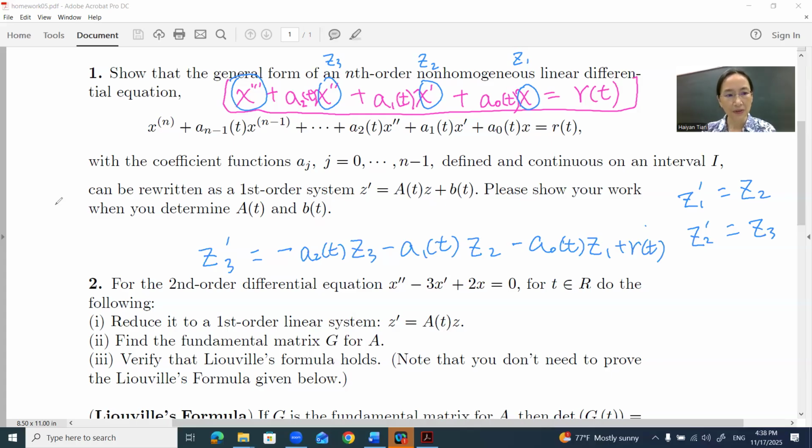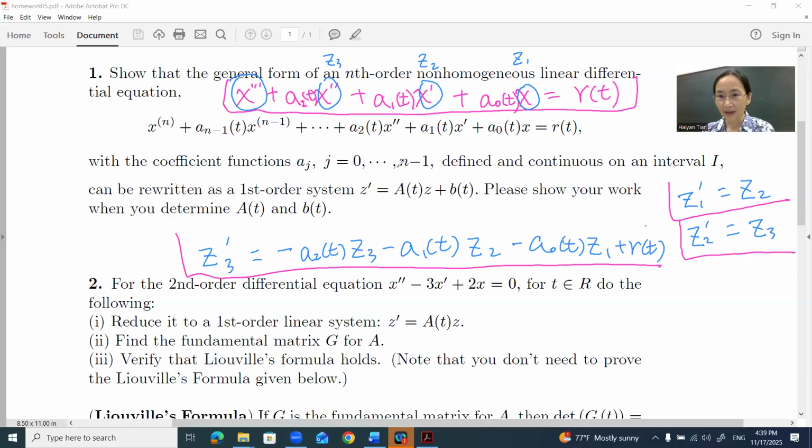So now you'll see three equations. First equation, second equation, the third equation. So yeah, the originally given third order equation is now reduced to a system of first order equations.